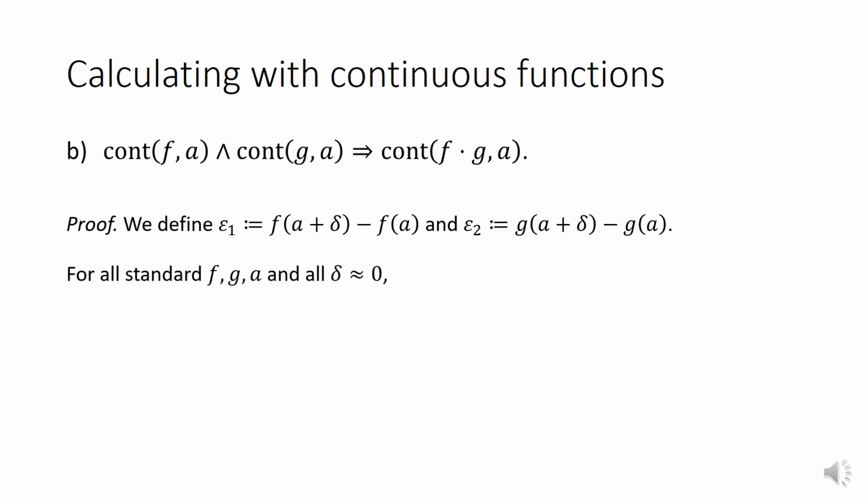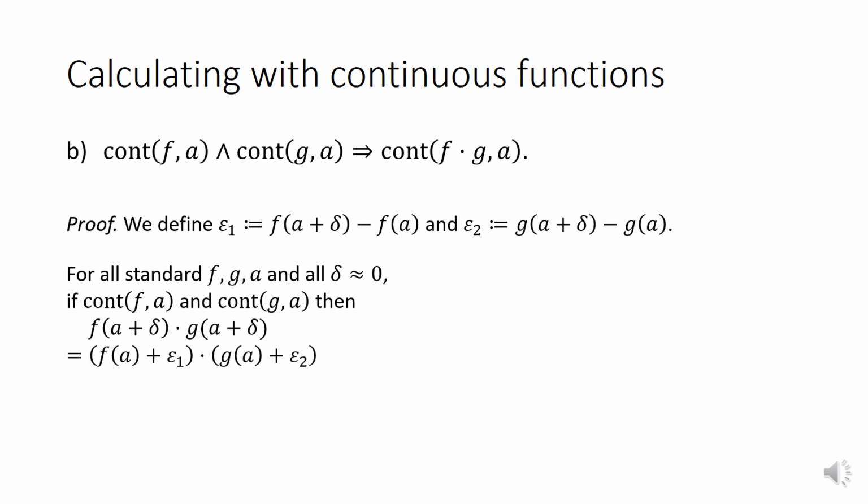For all standard f, g, a and all infinitesimal delta, if f is continuous at a and g is continuous at a, then f of a plus delta times g of a plus delta is equal to f of a plus epsilon 1 times g of a plus epsilon 2. We multiply this out and get f of a times g of a plus epsilon 1 times g of a plus f of a times epsilon 2 plus epsilon 1 times epsilon 2.